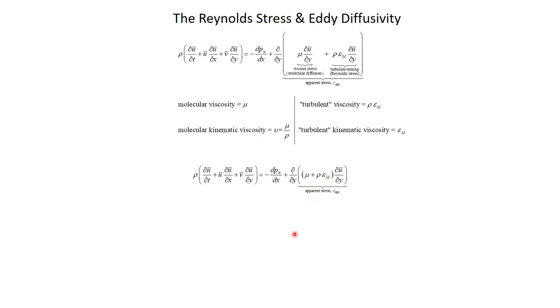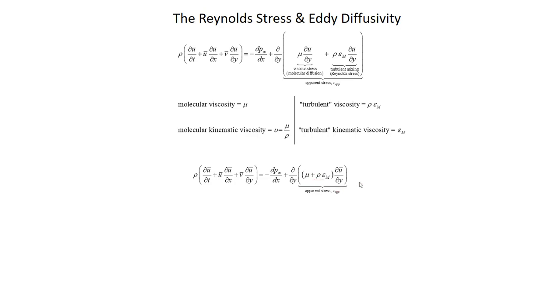So as I move away from the wall and go through the viscous sublayer, where there are no turbulent eddies, I would expect to only have this molecular viscosity, right? But as I move through the viscous sublayer, through the transition region, and then into the turbulent core, I would expect this term to grow and grow and grow and eventually dominate the molecular viscosity.